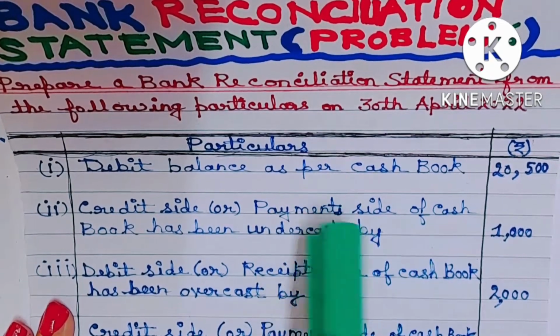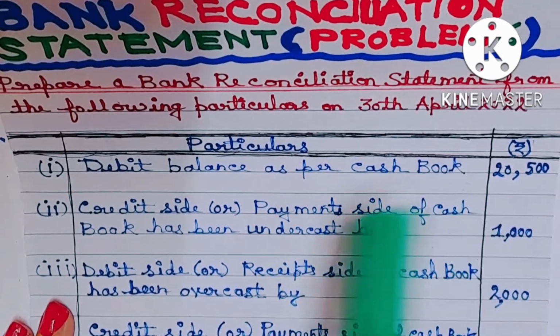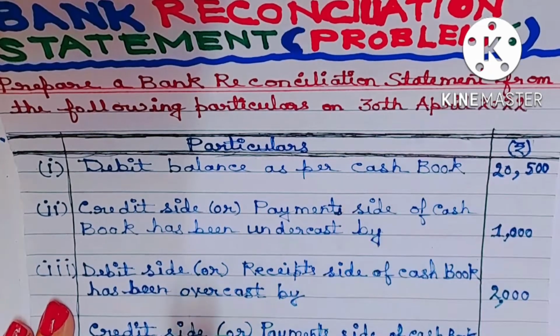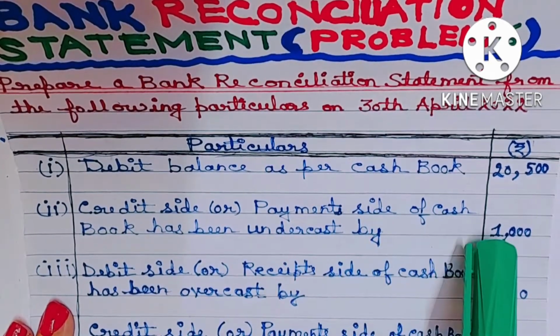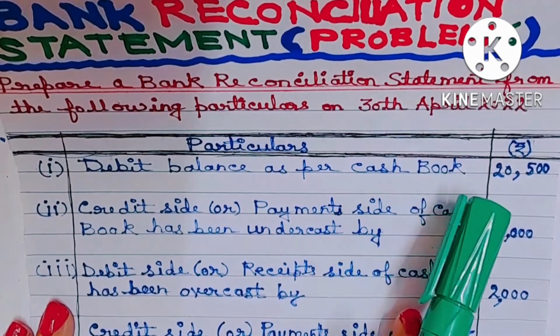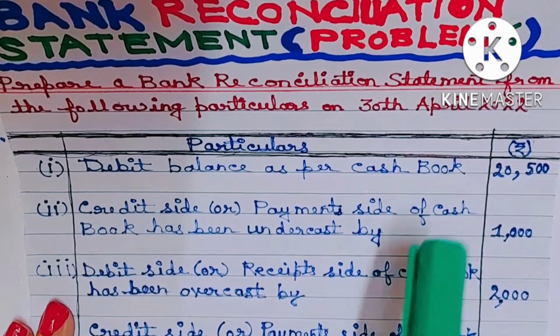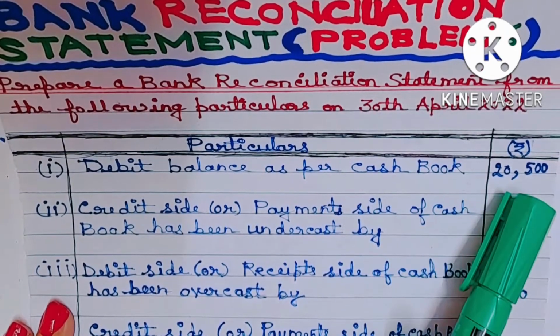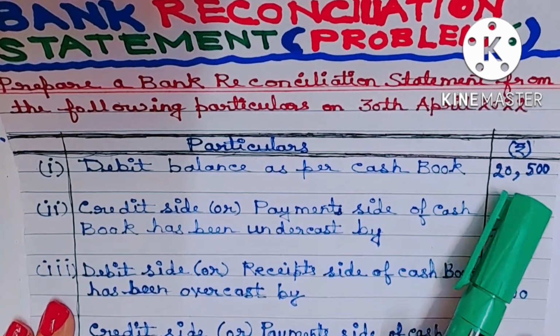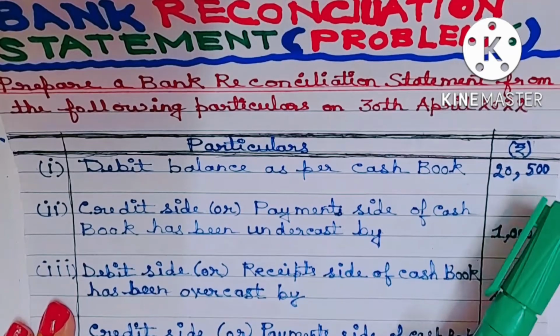That is 11,000 minus 1,000, so 1,000 less. 11,000 minus 1,000 is equal to 10,000. But the actual total of the credit side or payment side of the cash book is 11,000. Let me explain this with the help of a cash book and passbook, which I have prepared for you.